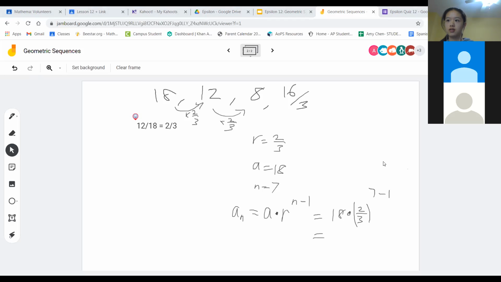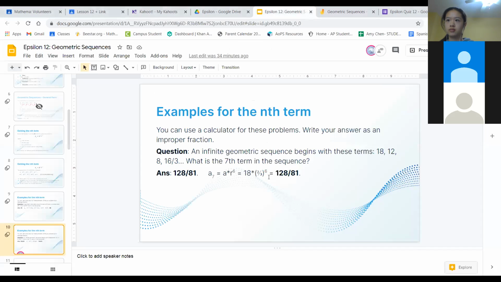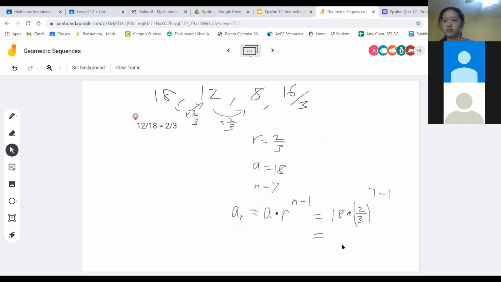That's a feature you can use if you have it. Oh yeah, I have that feature too.